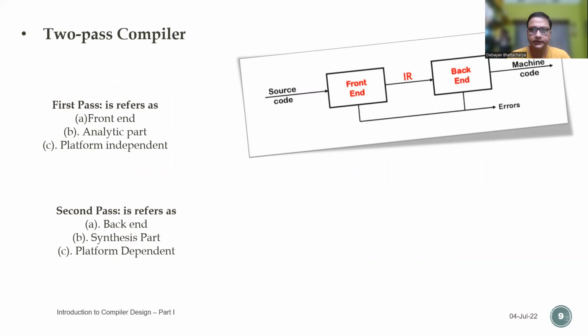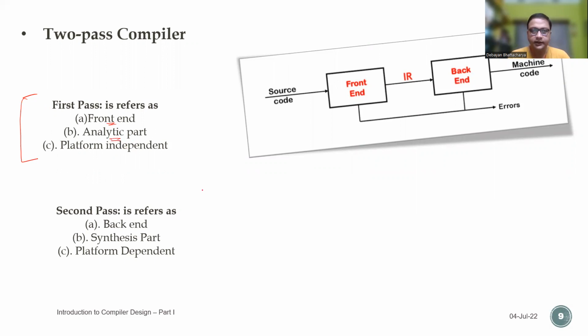The compiler breaks its transformation work from high level language to low level language into two parts. The first pass, which is sometimes called the front end part of our compiler, is basically the analytical part.